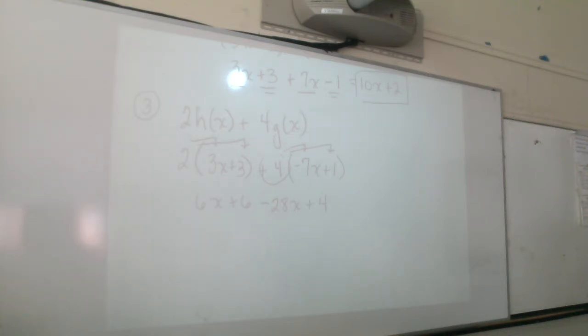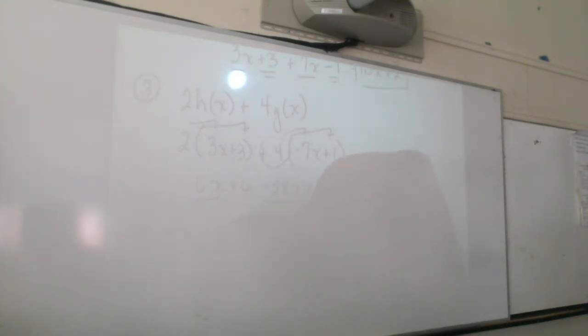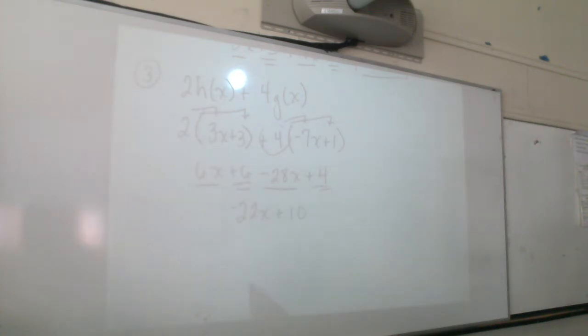Distribute, combine like terms if you can. You're not solving for x, we're just simplifying. So I've got negative 22x when I combine 6x minus 28x. And then 6 plus 4, that's giving us 10. Don't try to solve here. Your answer is going to have a variable in it, and that's okay. It doesn't have to be a number. It can be an expression.